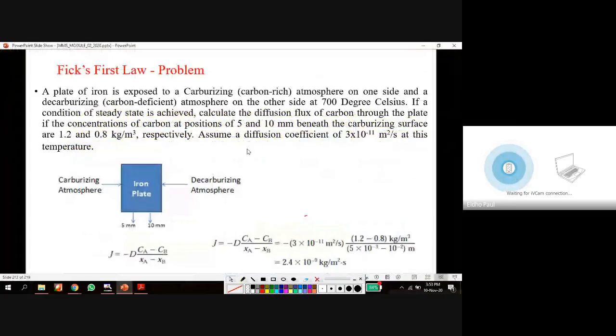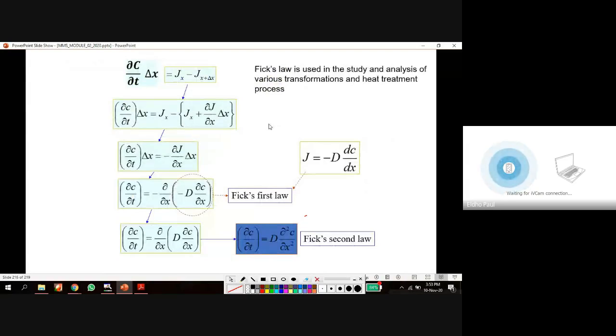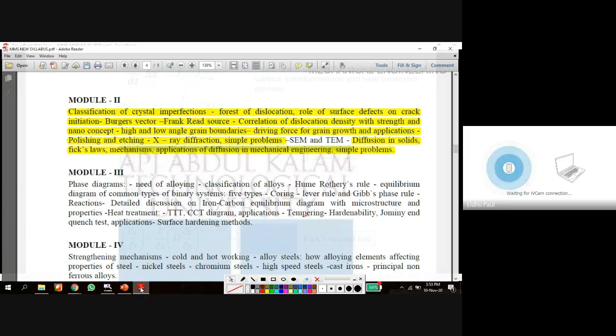Any doubt about Fick's law? No. So this is your second module.